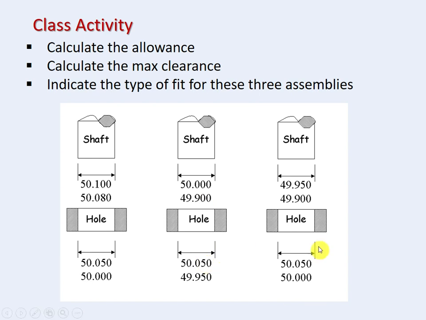The last one, 50 minus 49.5, positive. 50.05 minus 49.95, positive. So both of them positive, clearance fit. So the left one is shrink fit or forced fit. Okay, second one transition fit, and last one clearance fit.